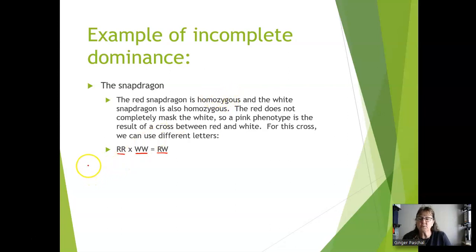Now it's rather interesting when you take a pink snapdragon flower in this case, and you cross it with another pink snapdragon. It's kind of interesting when you do this Punnett square.